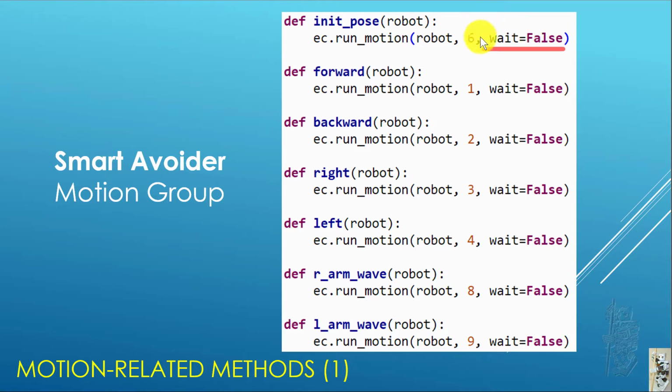By default, you don't see this second parameter at all. It means that wait is going to be true by default. That means it will wait until a certain motion page is completely finished before it goes on and executes the next Python statement. So this is important. Essentially, I'm trying to run the motion as fast as I can through the Edbot tool in this particular example here.